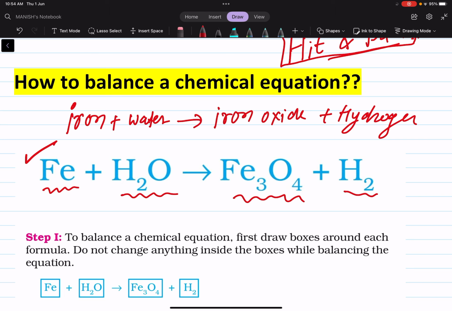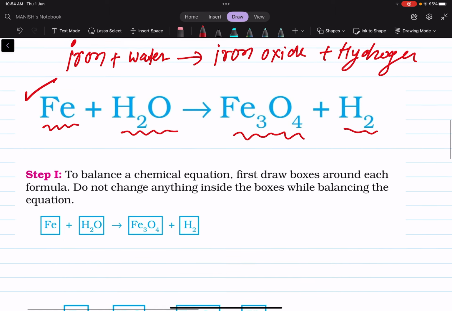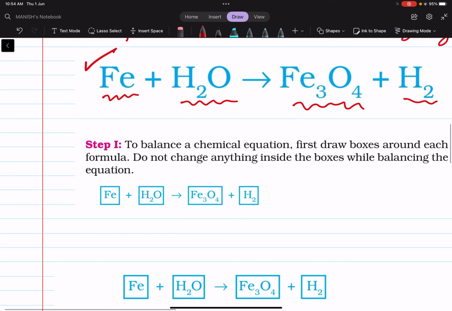Now, first of all, what we will do, we will draw these kinds of boxes around the formula of all the reactants and all the products. Why so? Because sometimes some students make numerical changes inside the formula, which makes the chemical equation incorrect.